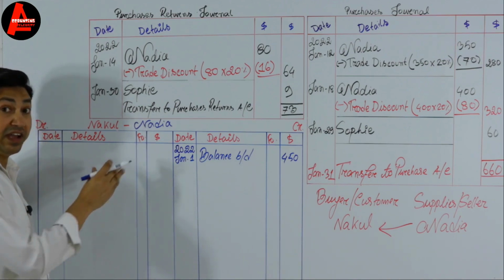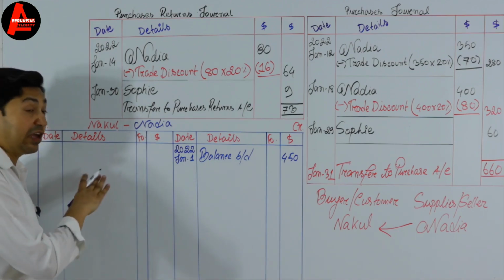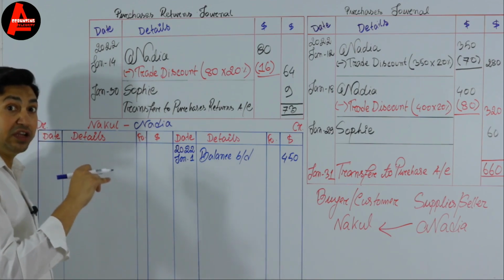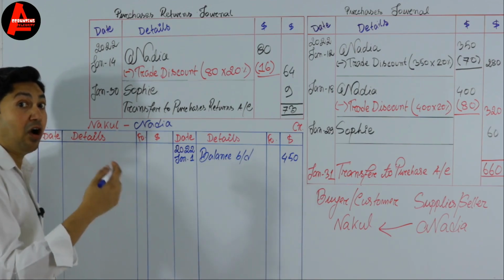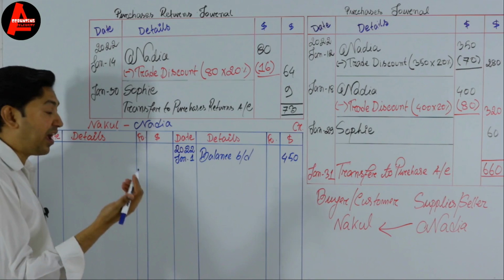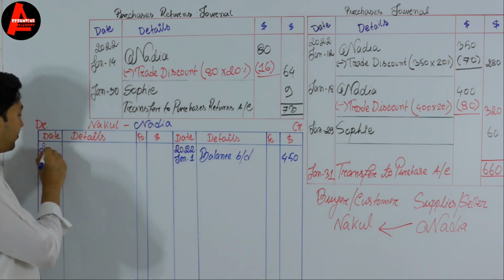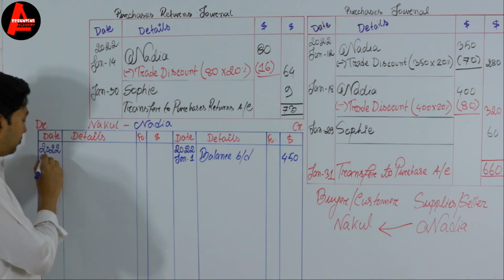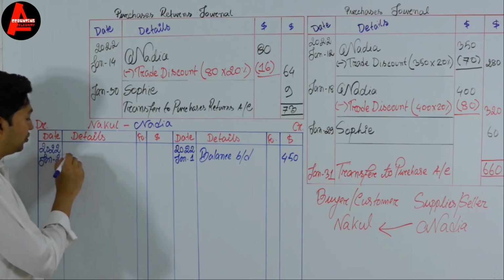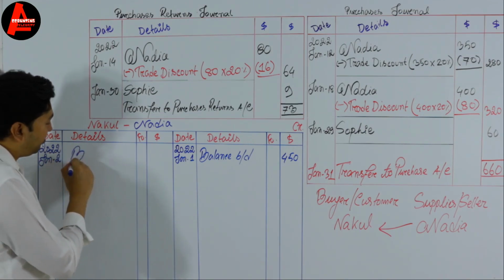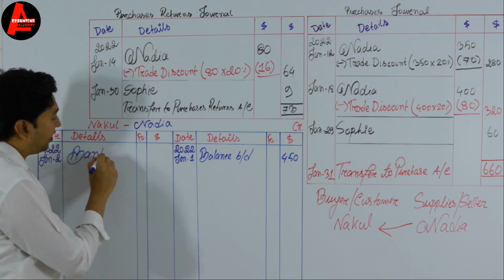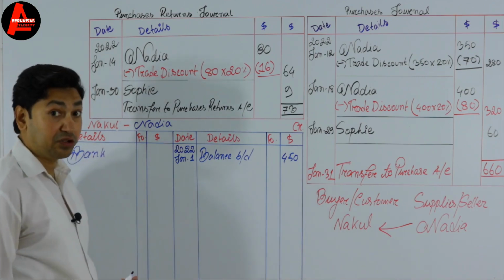But what to write? We will not write Nadia here, because it is Nadia's ledger. We need to write the bank, the opposite or corresponding account. So we write 2022 January 2, bank, as we paid by check. How much did we pay?